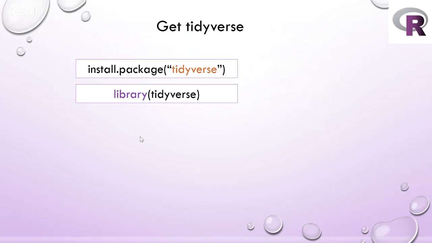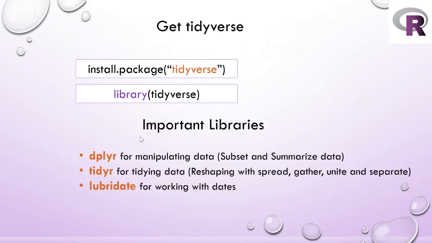To get started making our data tidy, we need tidyverse. That's the package which includes three of the main libraries: dplyr, tidyr, and lubridate. dplyr is for manipulating data, that is for subsetting or summarizing our data, and we'll do this in more detail shortly. tidyr is for reshaping the data, and lubridate is for working with dates.